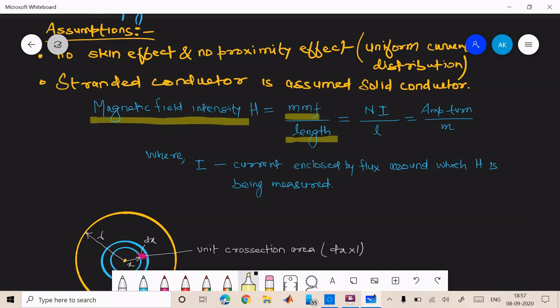So the unit of H will be ampere turn per meter. This current I is actually the current enclosed by flux around which H is being measured. That is, up to the distance where you are measuring H, that is the current I.